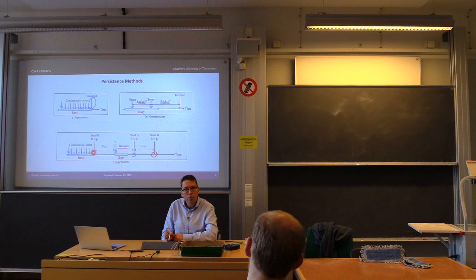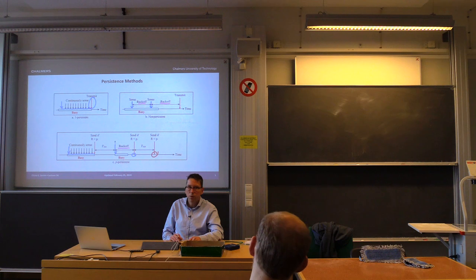So in some books, this is explained so that we sense this. If it's busy, we wait a t-slot. Or if it's busy, we do a back off, and then we do sensing. And if it's idle, then we flip a coin. If it's not idle, we do back off. So there are several variations of this if you look in the book. I don't have a very good explanation, except that this is the way it's been chosen in the book.